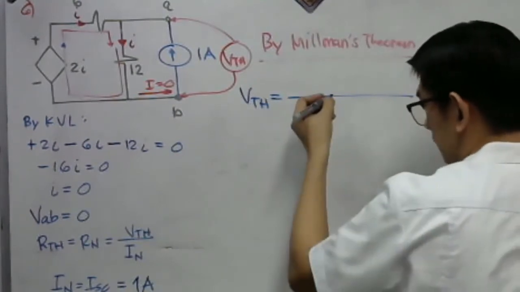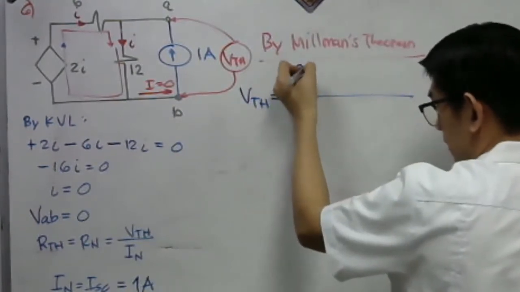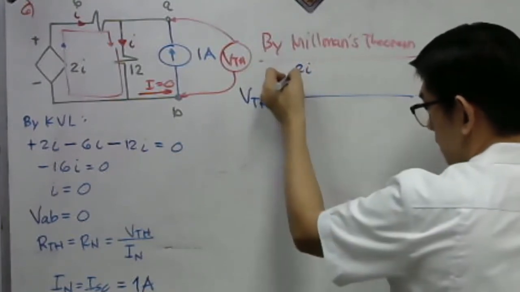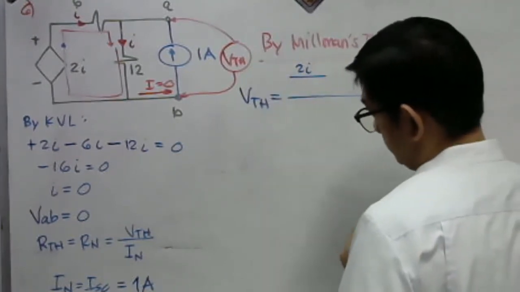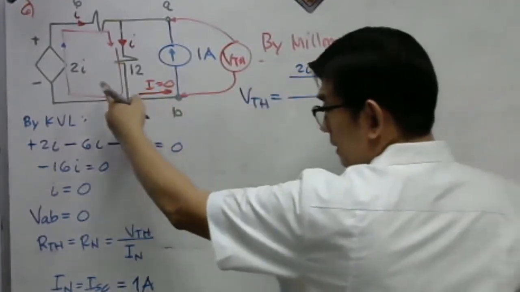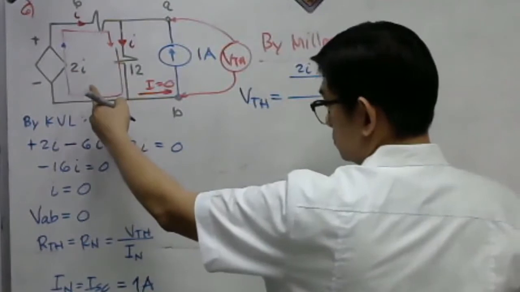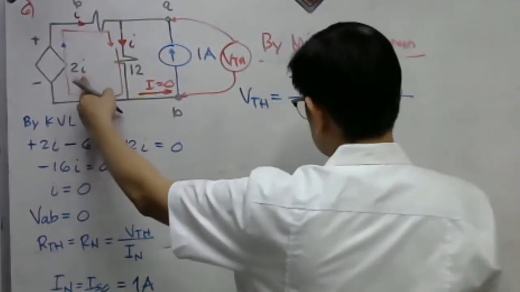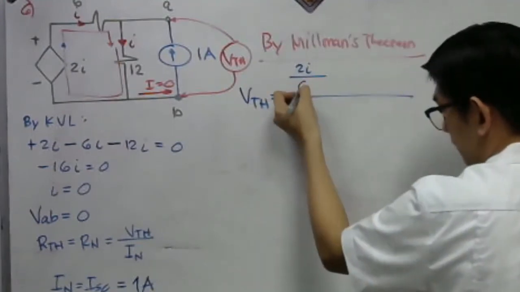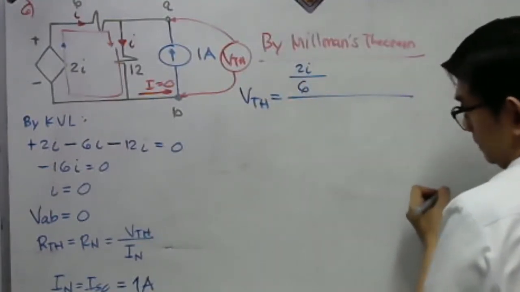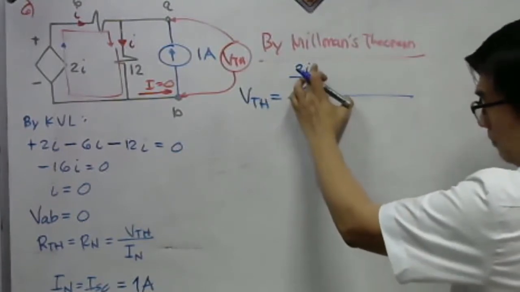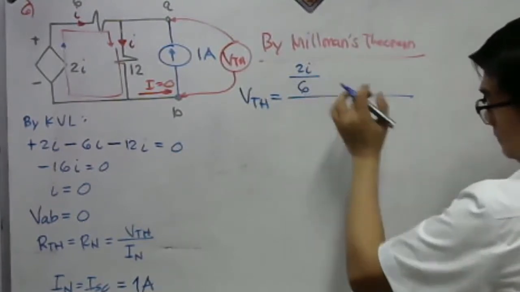Then, that should be over what? Now, so 2i, that is over the 6 ohm resistor because we are using Thevenin's. That is the short circuit current, no? That is the voltage over the resistance.